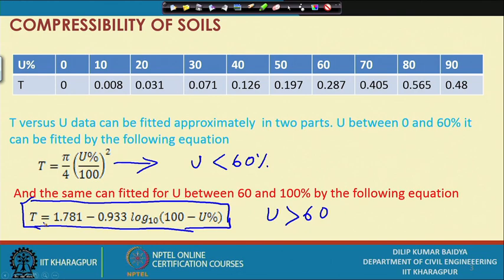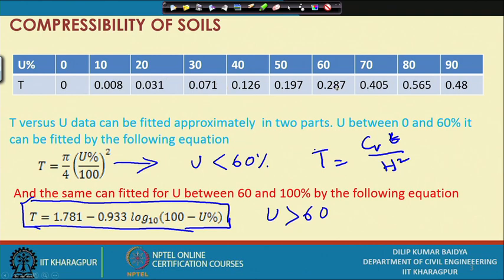This may be required because you know the u, from u you have to find out the time factor, and once you get the time factor T, you know T equals Cv t by h square. So, if you know the soil property and the thickness of the layer, how much time it will take to consolidate, that degree of consolidation, we can find out. So, these two points, three ways can be used.